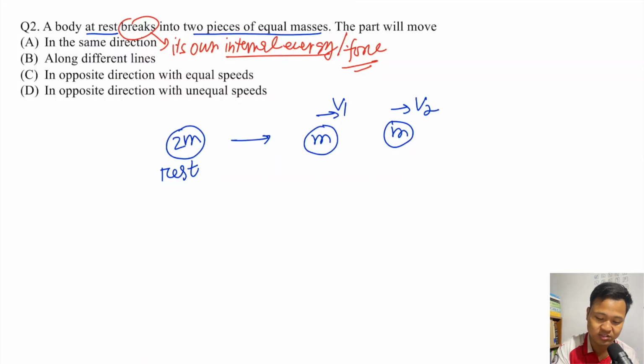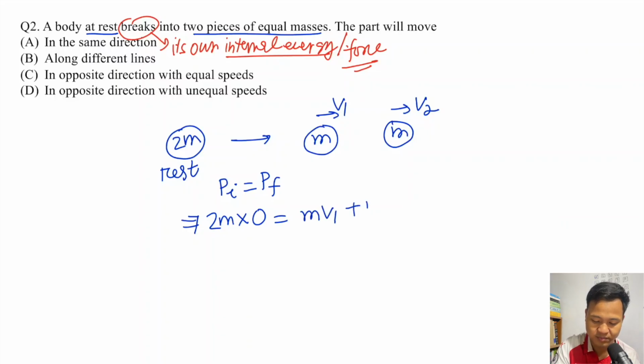If you conserve momentum here, p initial should be equal to p final. Initial momentum is mass into velocity, and since the velocity is 0, it is 0 initially. Finally you have mass m into v1 plus mass m into v2. For a system of particles, total momentum is m1 v1 plus m2 v2 plus m3 v3, and so on.